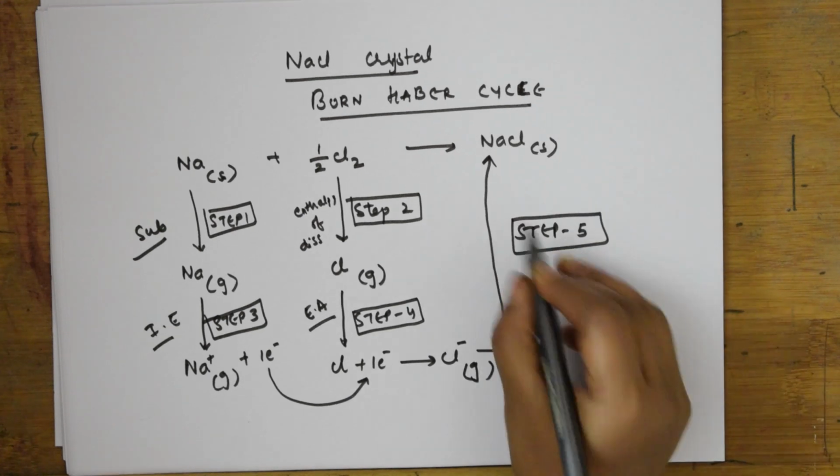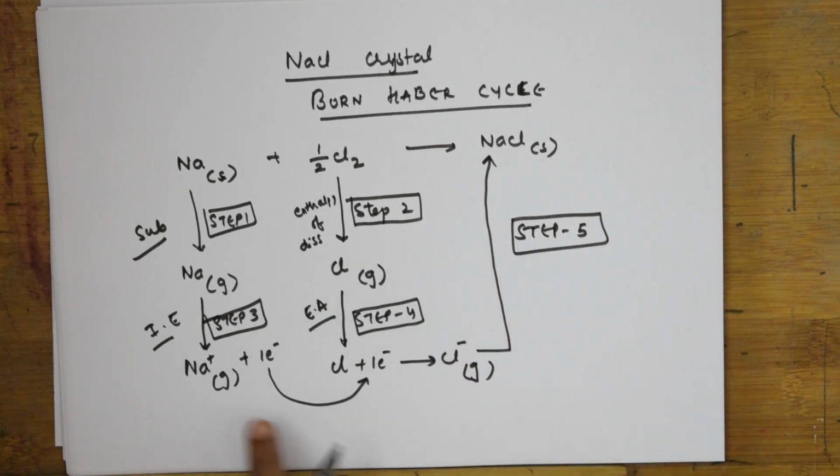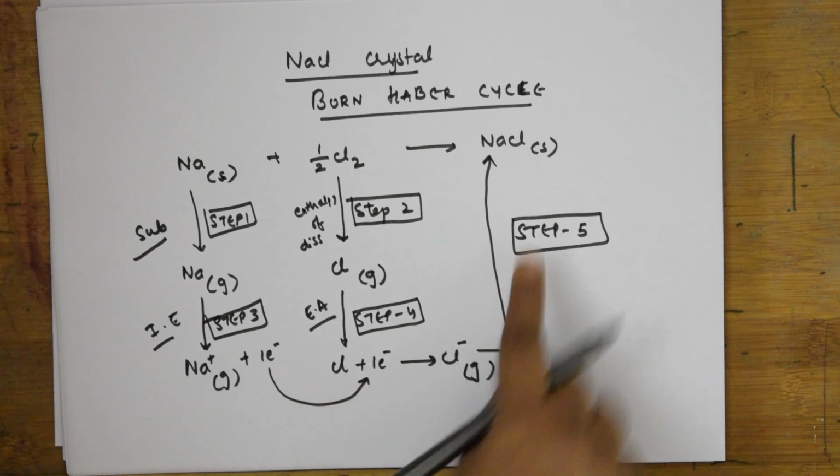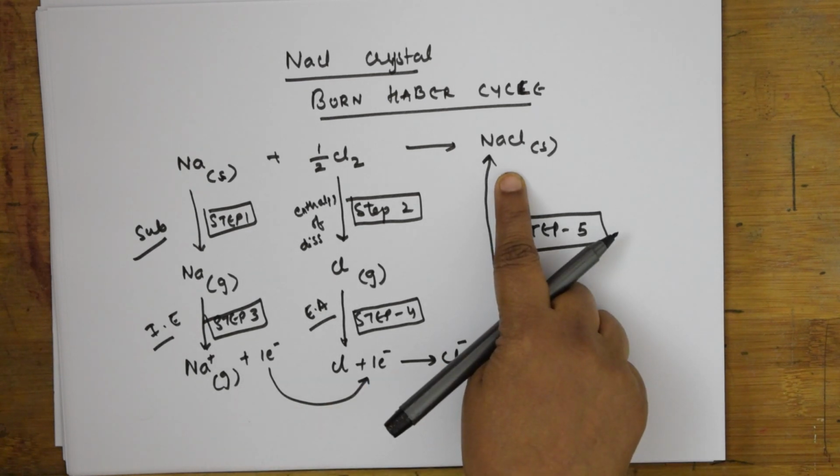What is this step 5? The sodium cation as well as the chloride anion, the positive and negative ions, combine together and form the solid crystal lattice.